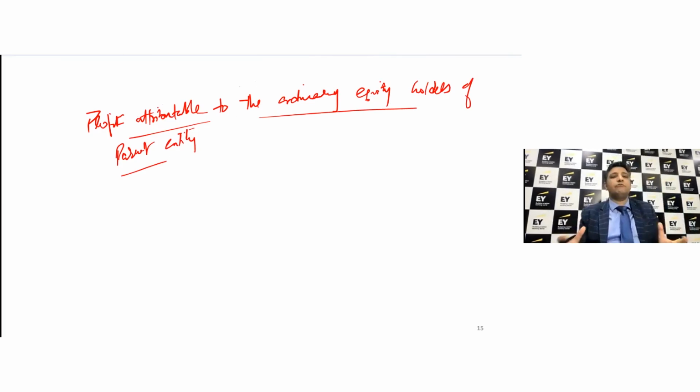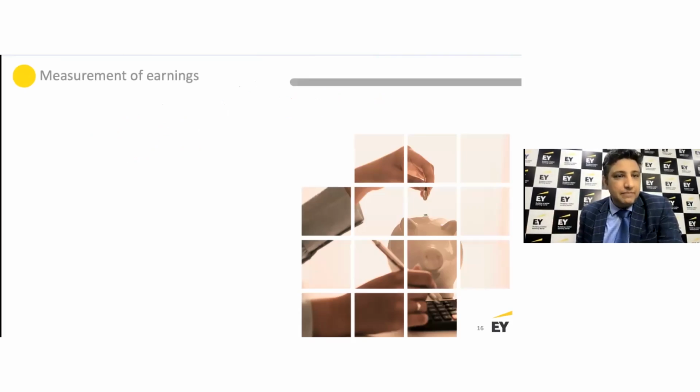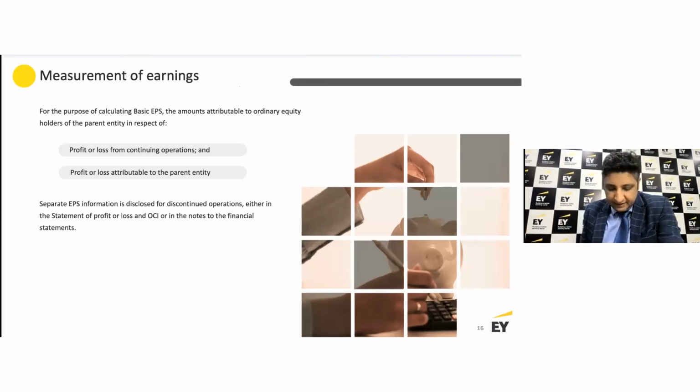What is the share of profit that belongs to those equity shareholders or ordinary shareholders is something that you want to remember in this case. Okay, very candidly, we have discussed this for the purpose of calculating the basic EPS, the amount attributable to the ordinary equity holders of the parent entity in respect of. So what would that profit be including?